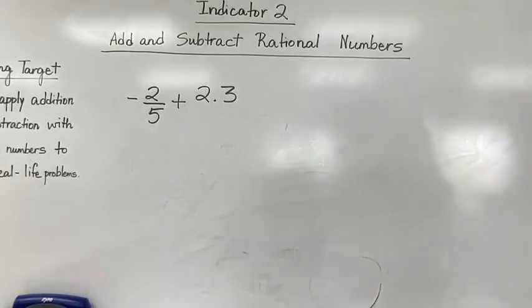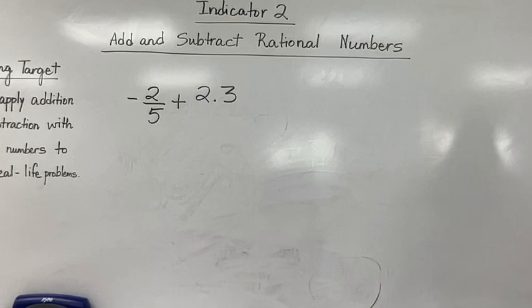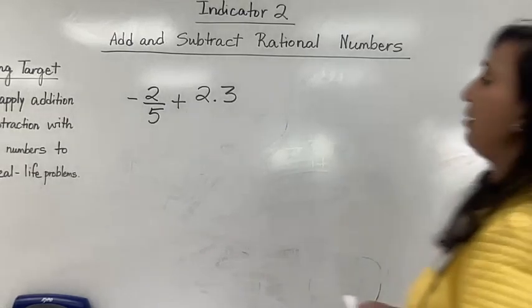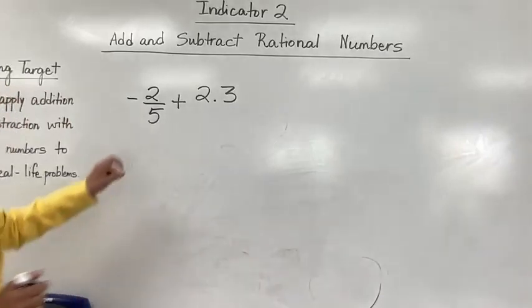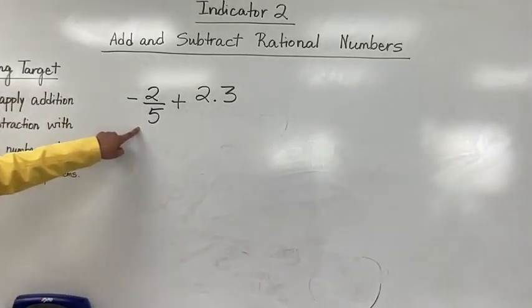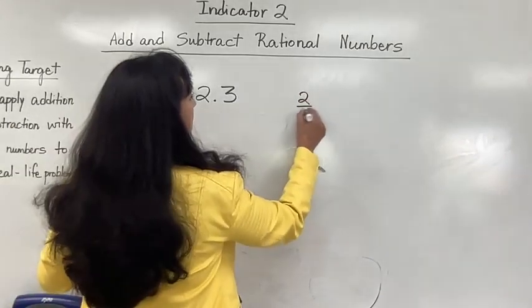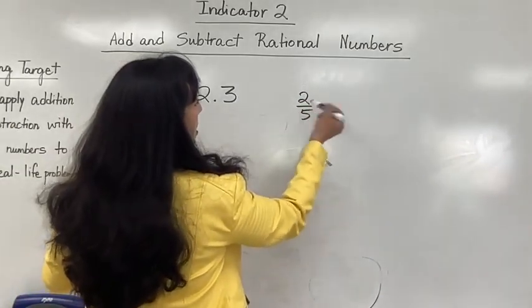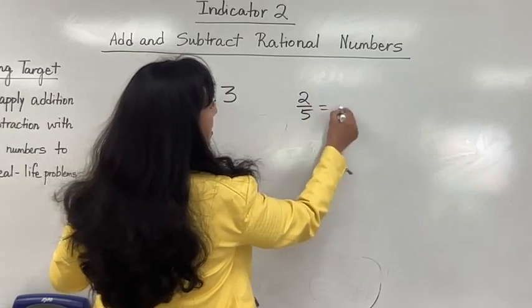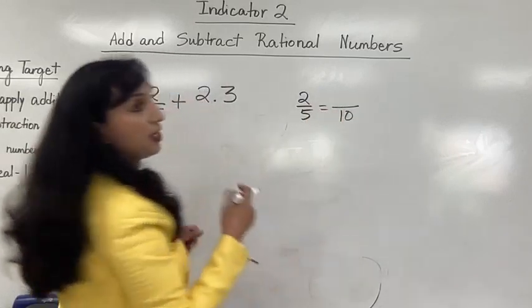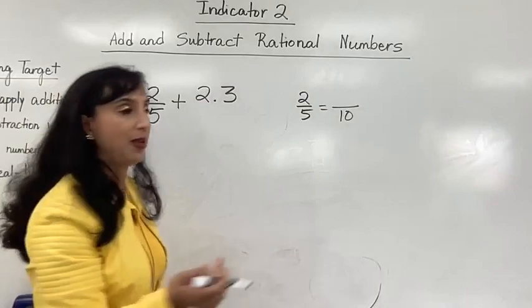Okay. So let's start. We are going to add them both as decimals first. And if I look at 2/5, I know that I can always convert it like this. So if I have 2/5, I'm trying to make this over 10, because decimals go in the 10th place value.